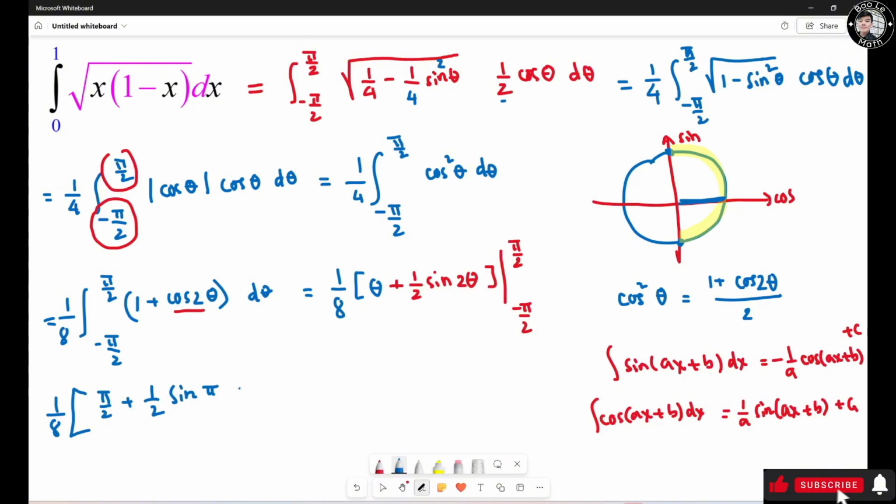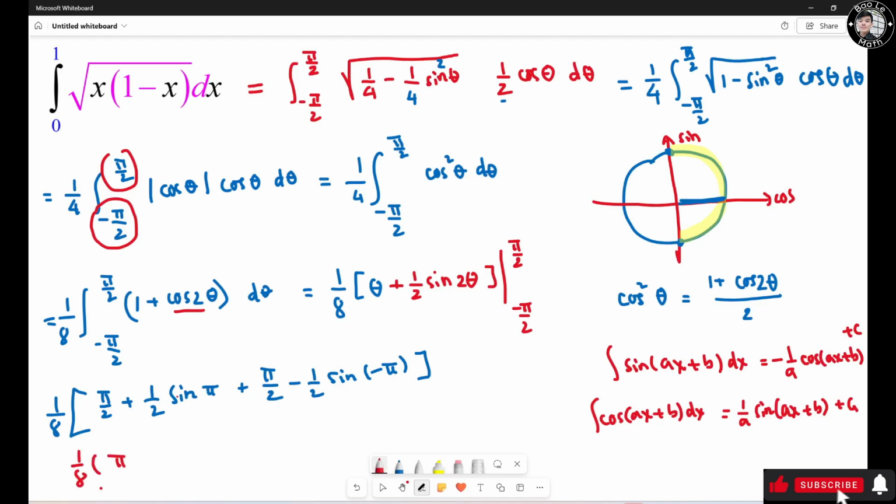It's going to be subtracting negative pi/2, substituting over here, negative pi/2. When I subtract this one, it turns out to be plus pi/2. Now, negative pi/2 substituted over here, you have negative 1/2 sine of negative pi. Pi/2 plus pi/2 is going to be pi, so I have 1/8 times pi.